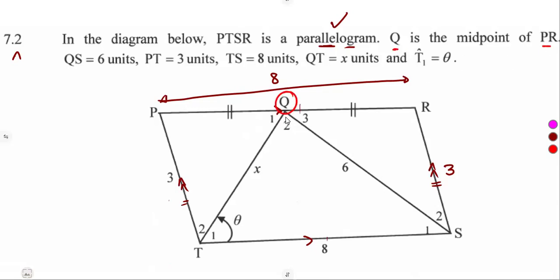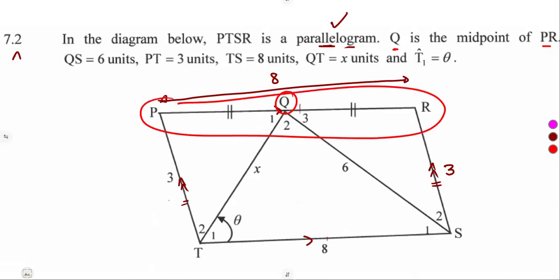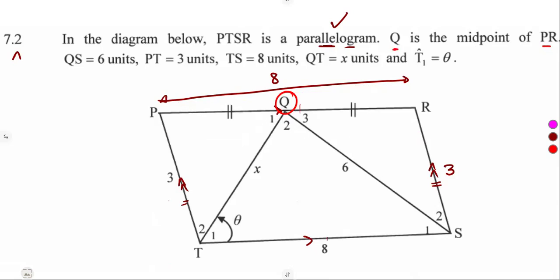So if it is the midpoint, it means we have equal distance from P to Q, from Q to R. Thus, we are going to divide this by 2. So from P to Q, it is going to be 4 units. From Q to R, it is going to be 4 units as well to give us 8.